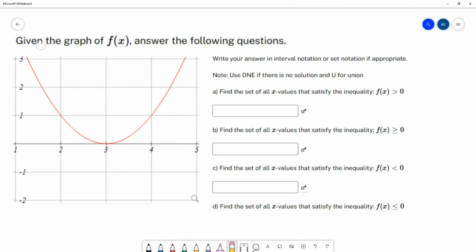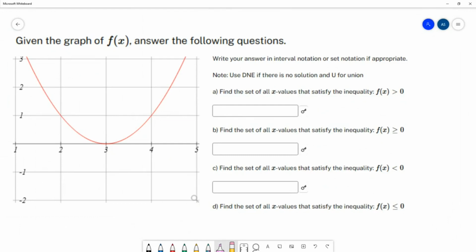For this question, we're given the graph of f of x, and we want to answer some questions. So here's the graph of f. We want to find the set of all x values that satisfy the inequality f of x is greater than 0, f of x is greater than or equal to 0, f of x is less than 0, and f of x is less than or equal to 0.